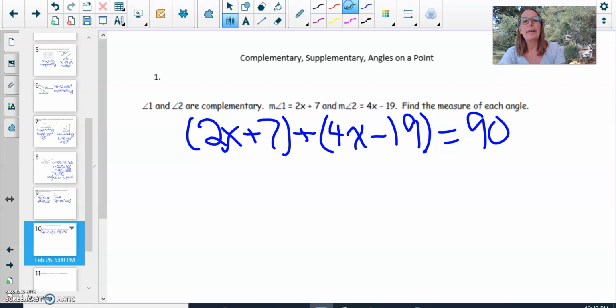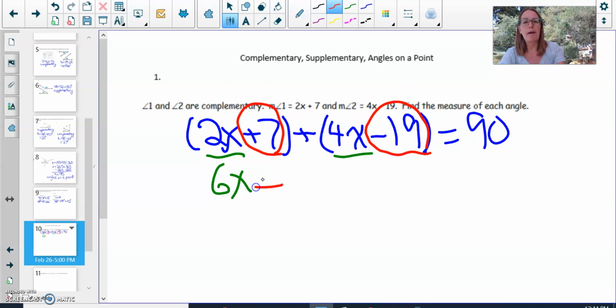Now I can combine like terms. 2x plus 4x gives me 6x. Then positive 7 minus 19 gives me minus 12, equals 90.